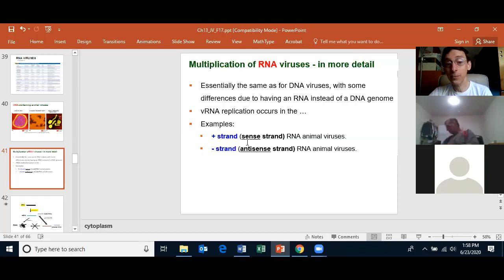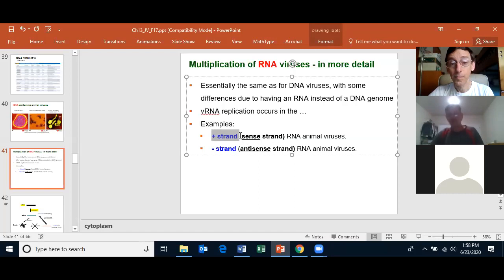A positive strand, single-strand RNA genome can be read by the ribosomes. So this genome for the RNA animal virus can be read by ribosomes to translate into protein.